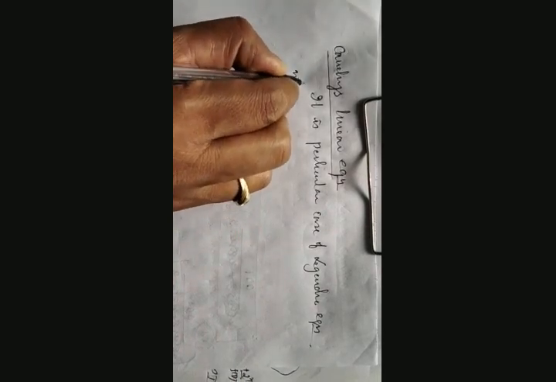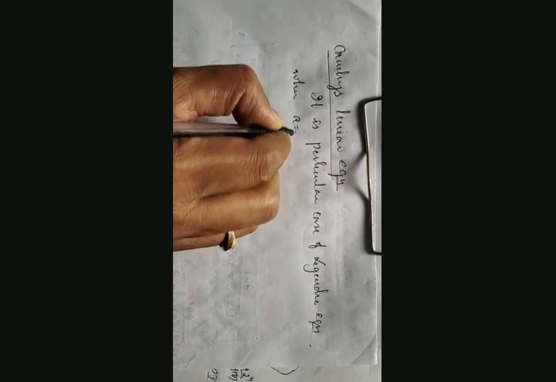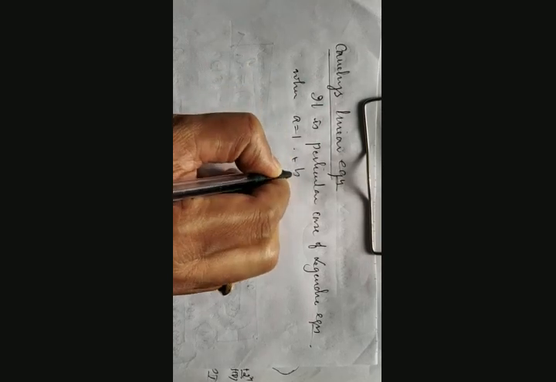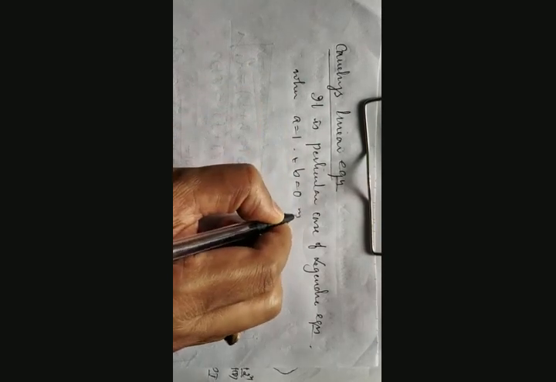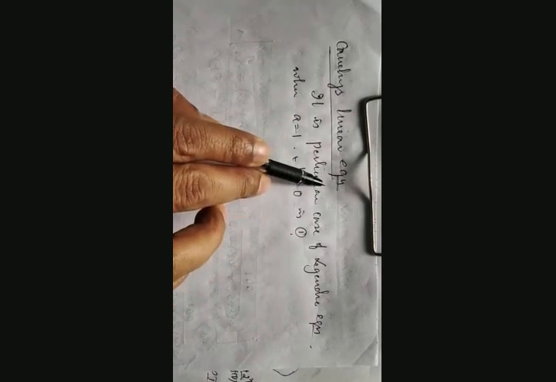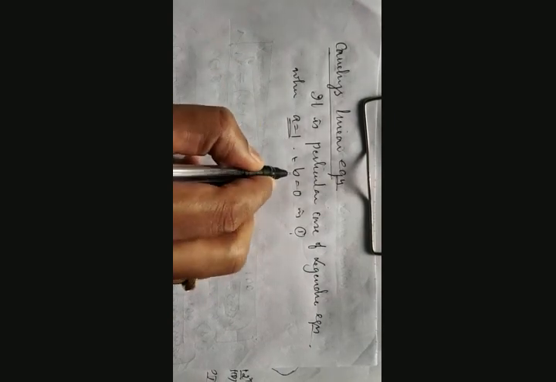What is the case? It is a particular case when a is equal to 1 and b is equal to 0 in equation number 1. Cauchy's linear equation is a particular case of Legendre linear equation where a is equal to 1 and b is equal to 0.